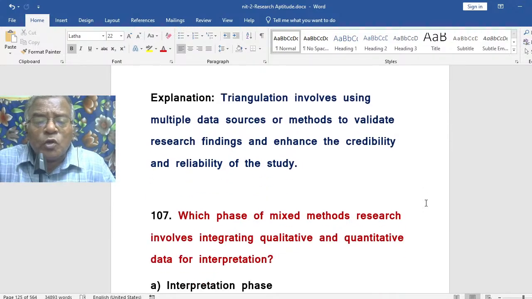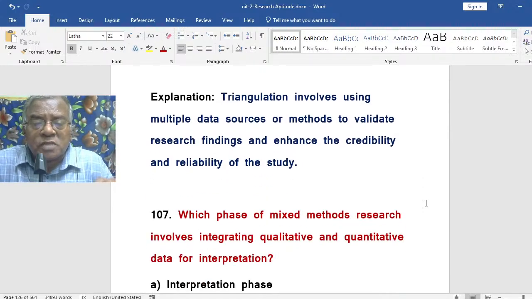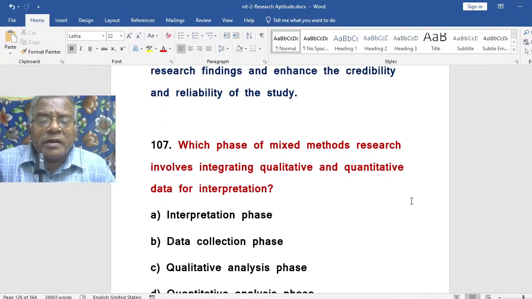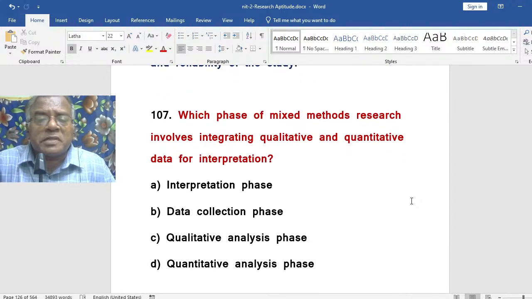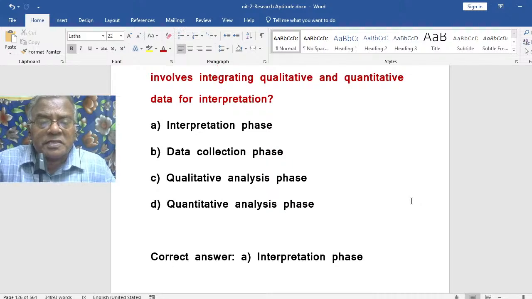Triangulation involves using multiple data sources or methods to validate research findings and enhance the credibility and reliability of the study. So triangulation involves using multiple data sources. Already we have explained that. I hope you understood that. Next, which phase of mixed methods research involves integrating qualitative and quantitative data for interpretation?